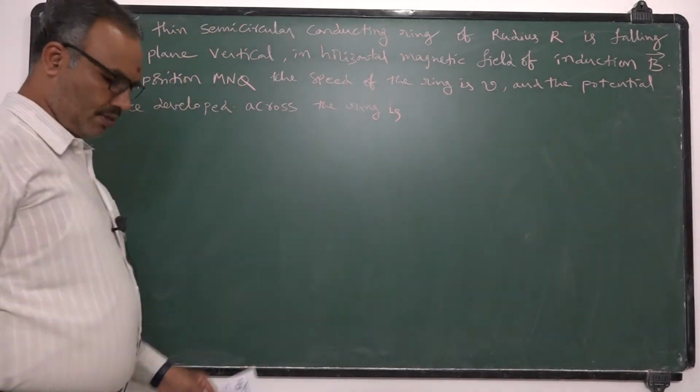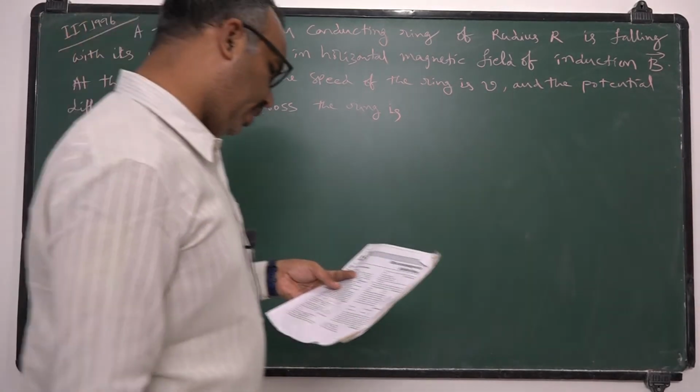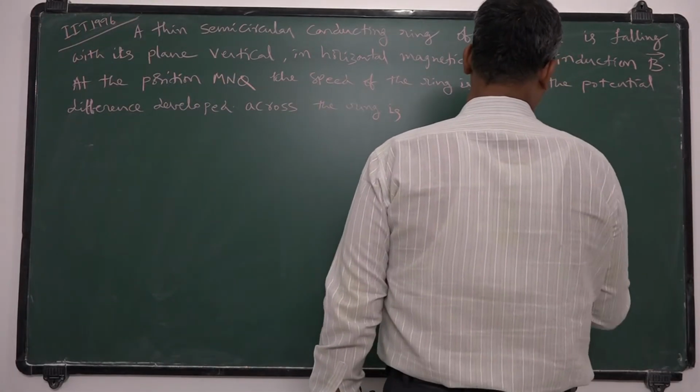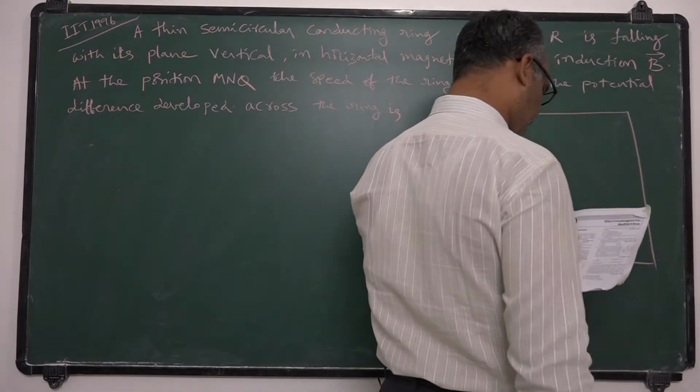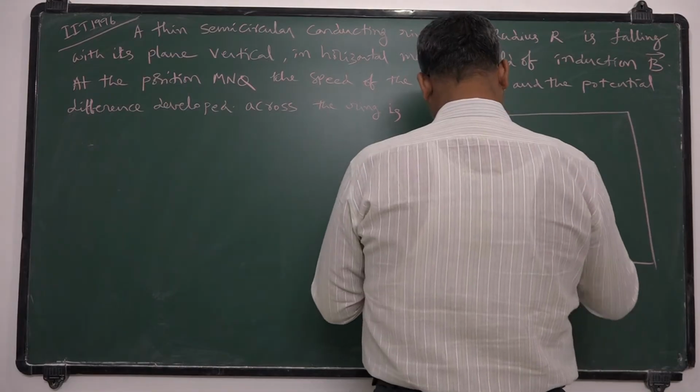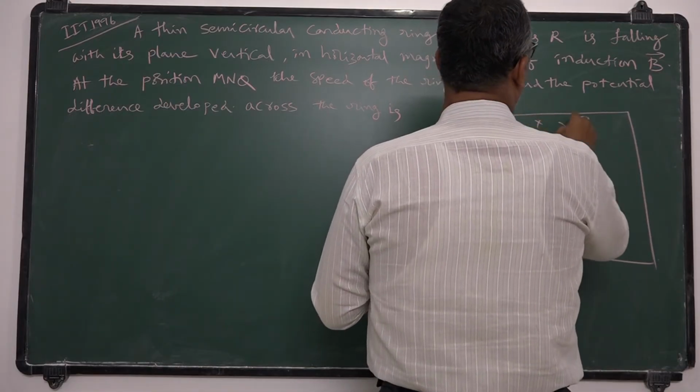this is the question mark, and the diagram is like this. This is the region of magnetic field into the paper.